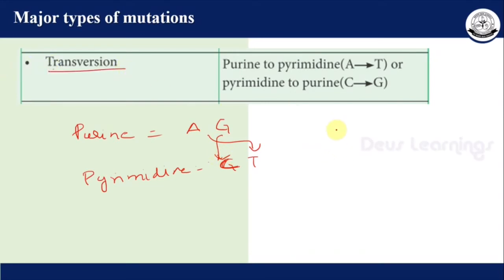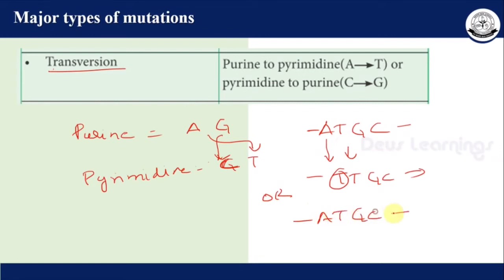For example, we have again A, T, G and C, and if it is changed to T, T, G and C, you see there is a change, right? Purine becomes pyrimidine. Or A, T, G and C can become A, T, G and G. So you see there's a change, right? So this will be called transversion.